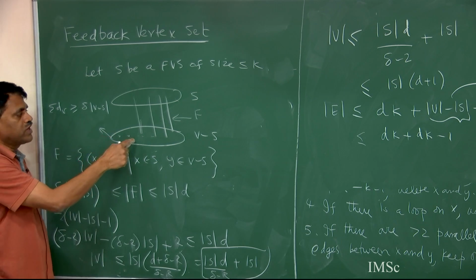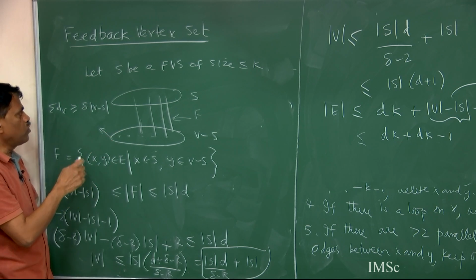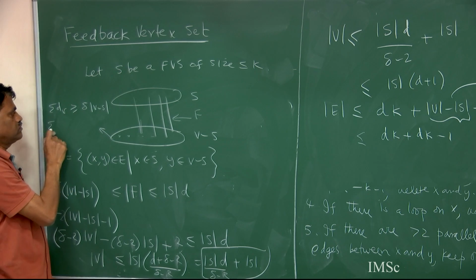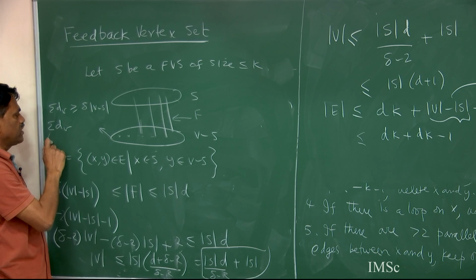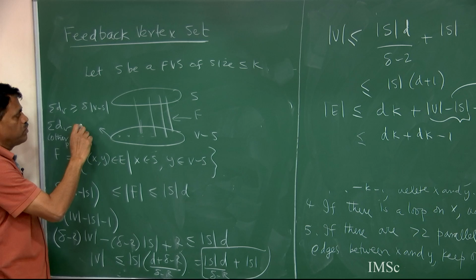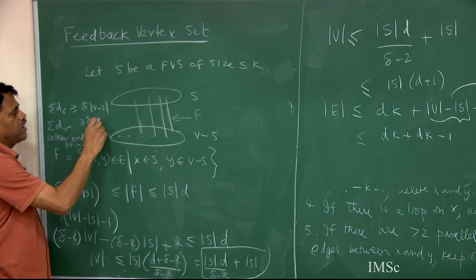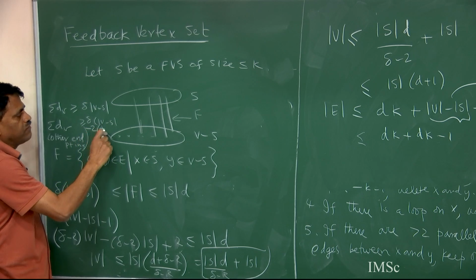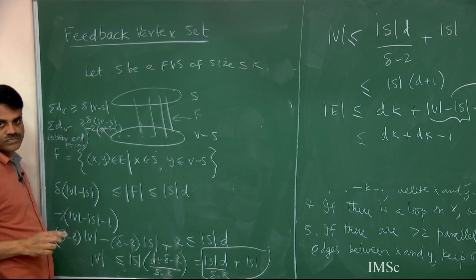It's counted here as well as here. So the total degree out with the other endpoint in S would be at least delta into V minus S minus 2 times V minus S minus 1.